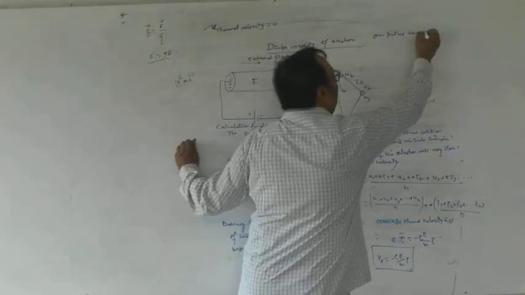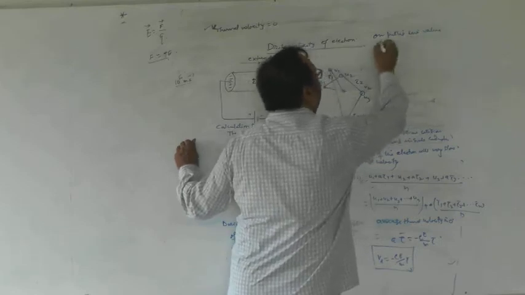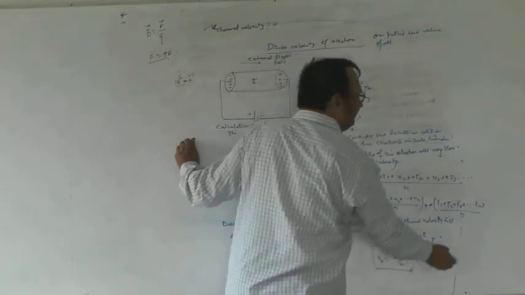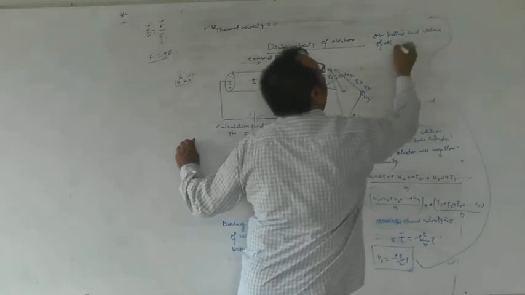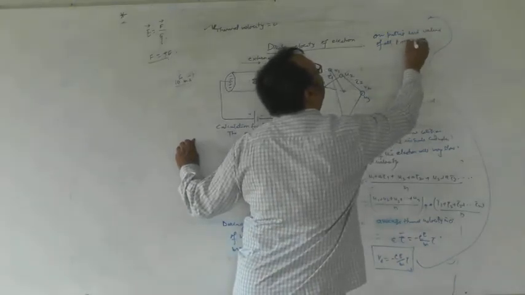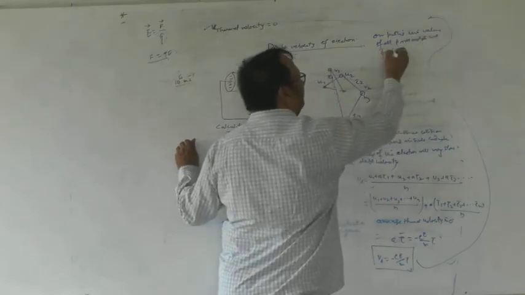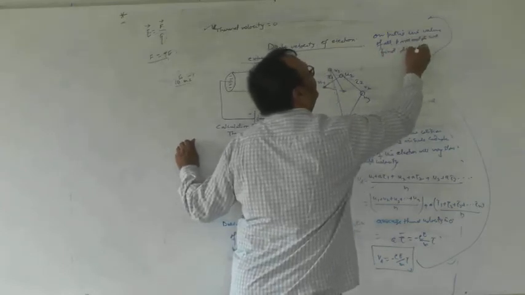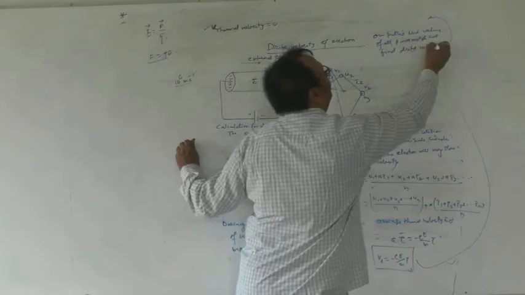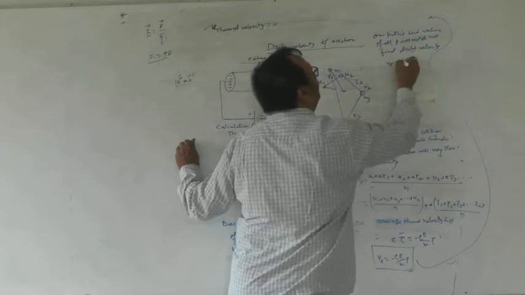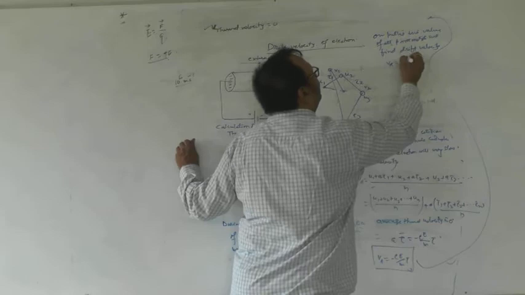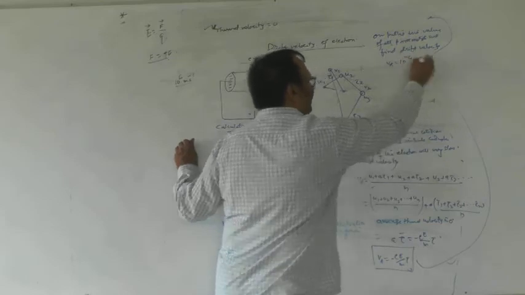On putting the values of all parameters, we find drift velocity Vd is equal to 10 to the power minus 4 meter per second.